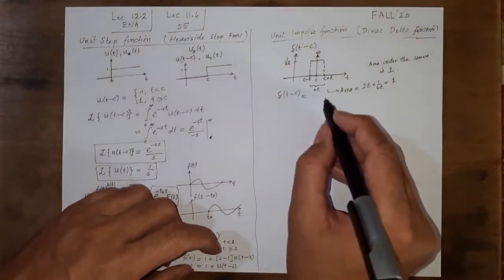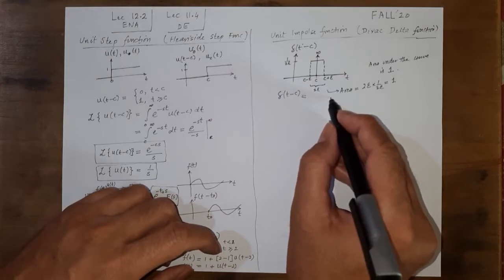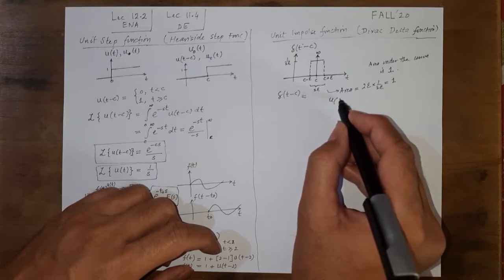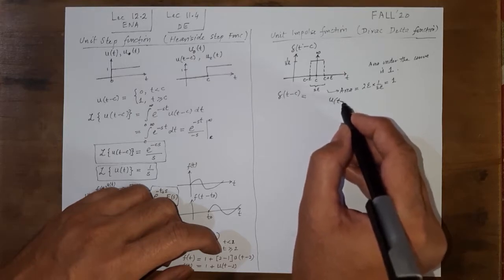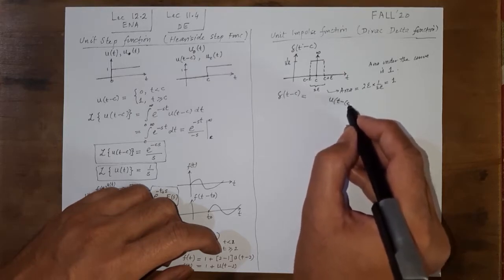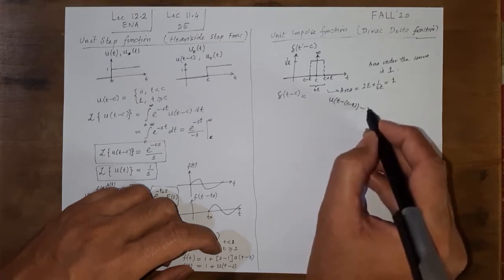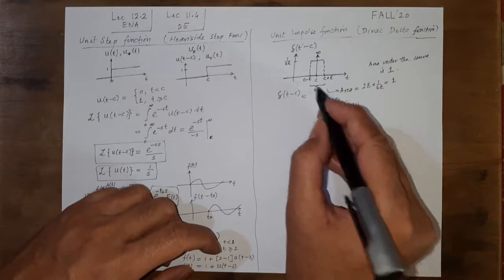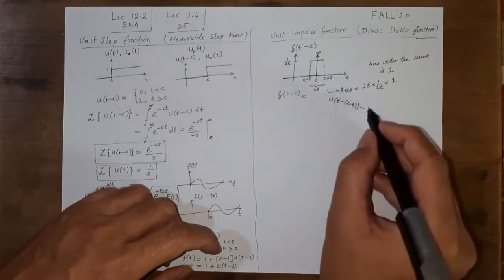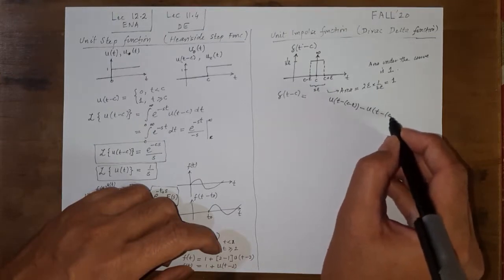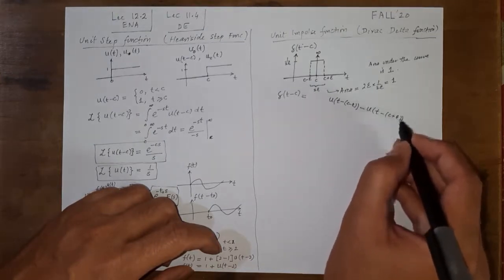So you can check for yourself that this can be written as a unit step function u(t minus c minus epsilon) minus, because this is positive, it goes up. When it comes down, you can write it as u(t minus c plus epsilon).